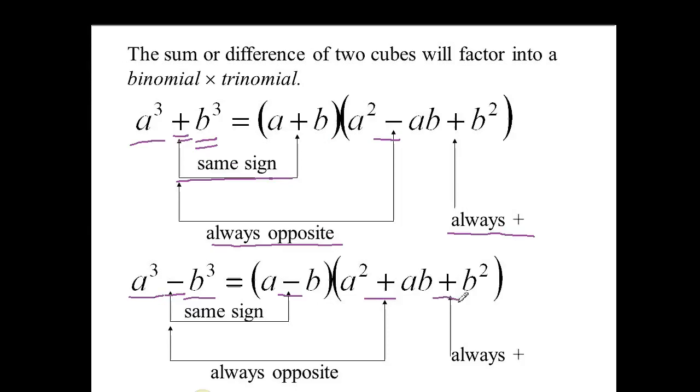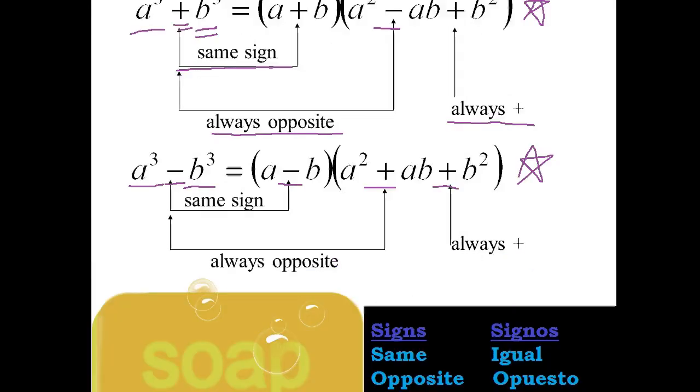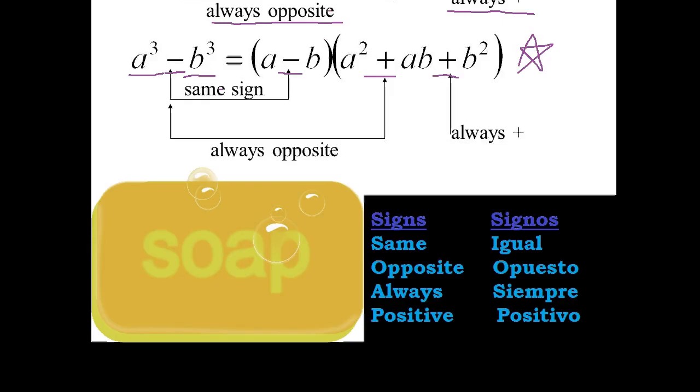So if you look at the top and bottom, they look very similar except the signs are different. You can remember the sign difference using this helpful acronym SOAP, which stands for same, opposite, always positive, or in Spanish, los signos son igual, opuesto, siempre positivo.